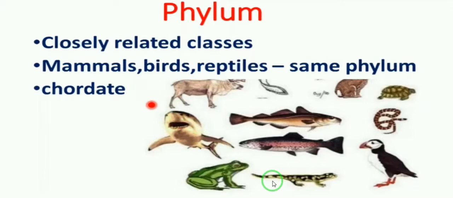So the next one is the last one. The last one is kingdom. It is the highest category and the largest division to which microorganisms, plants and animals belong.